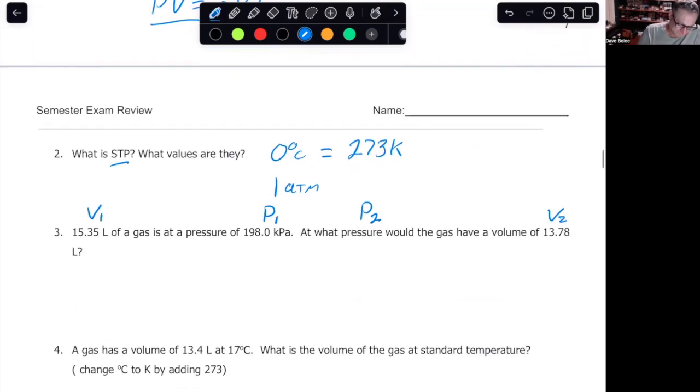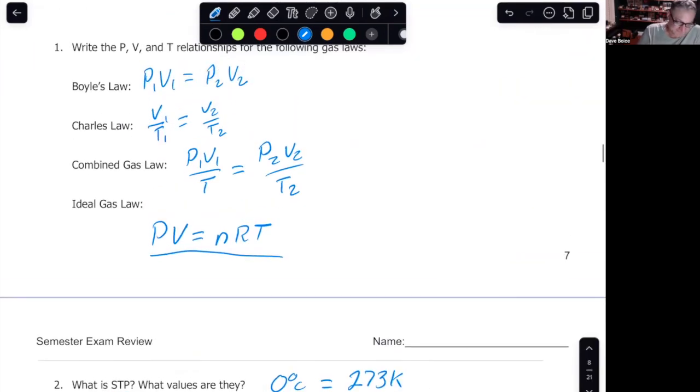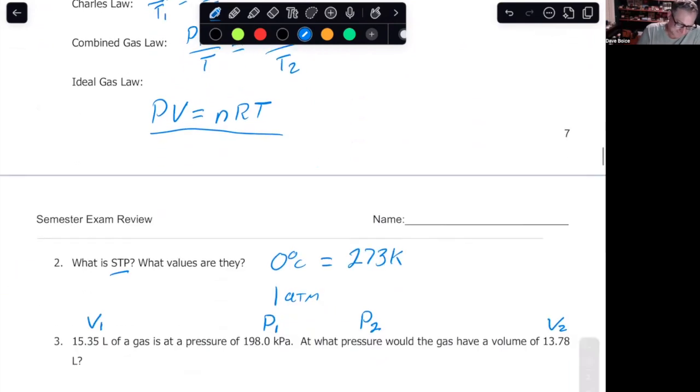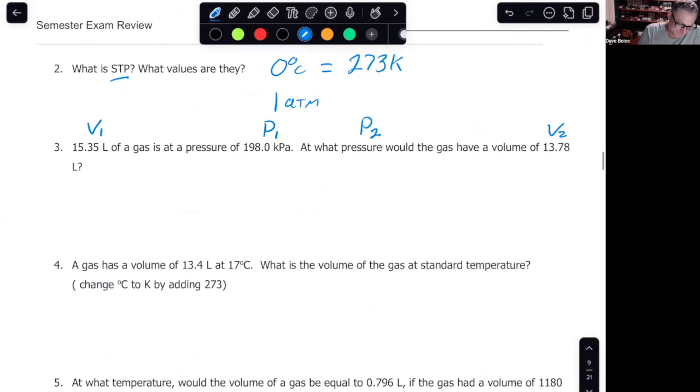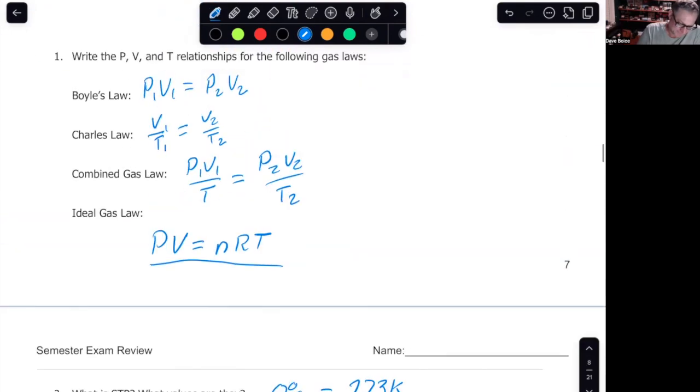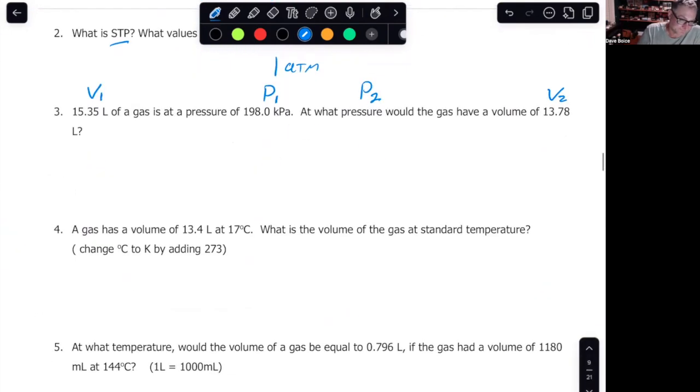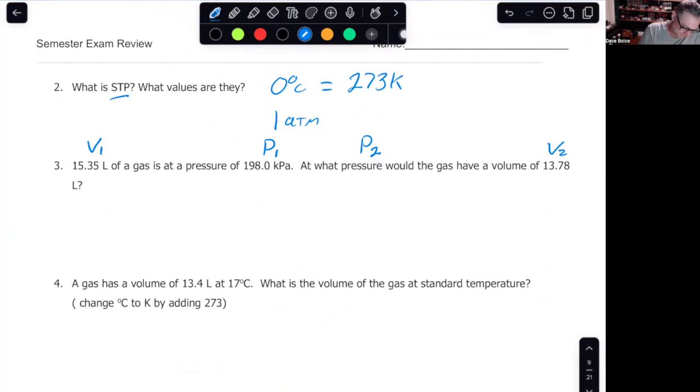So pressure and volume, what I'm going to do is just think PV over T, and which parts do I actually need? I just need pressure and volume. So I'm going to do P1 V1 equals P2 V2. Now what I like to do is decide what is it I'm solving for? What do I want to know?